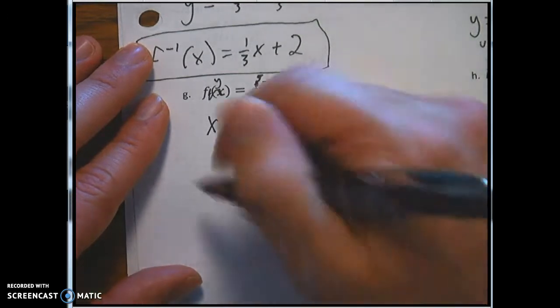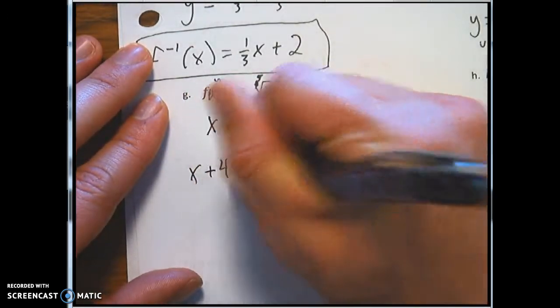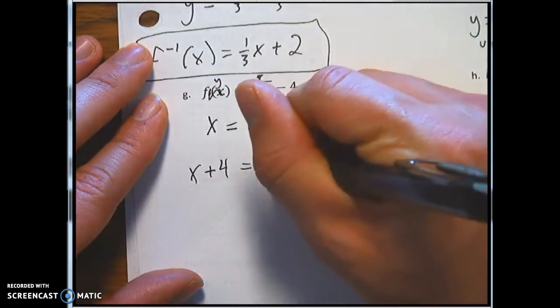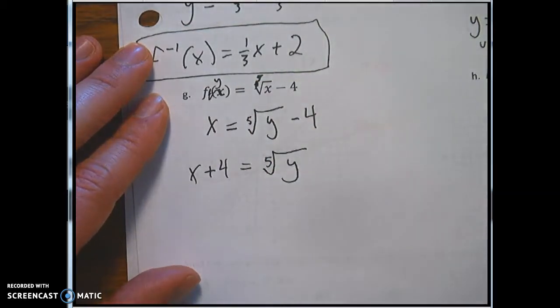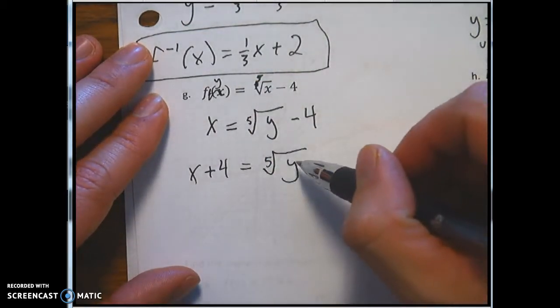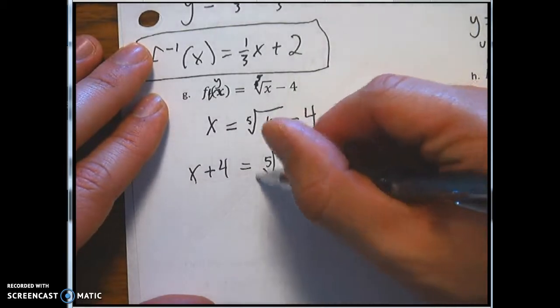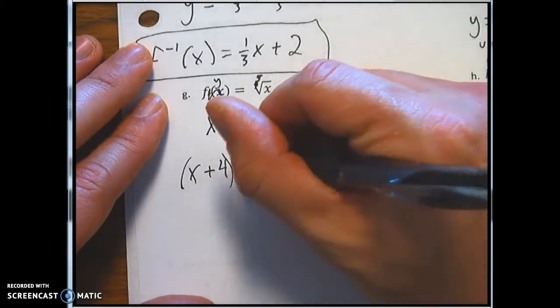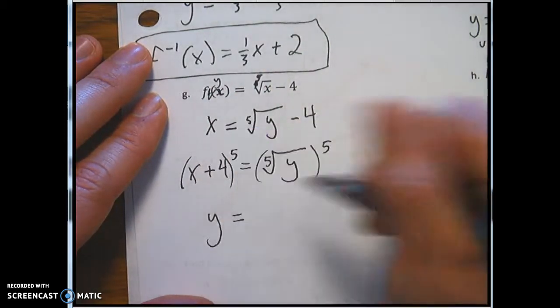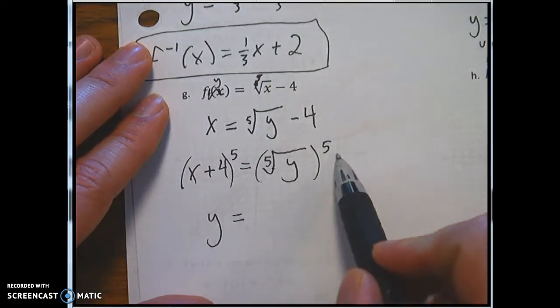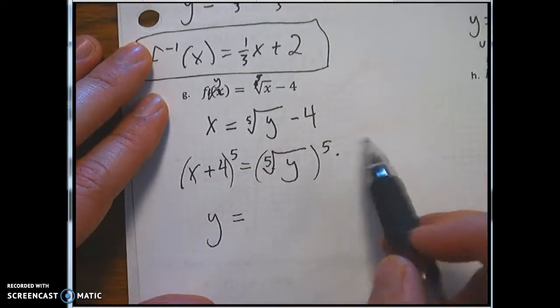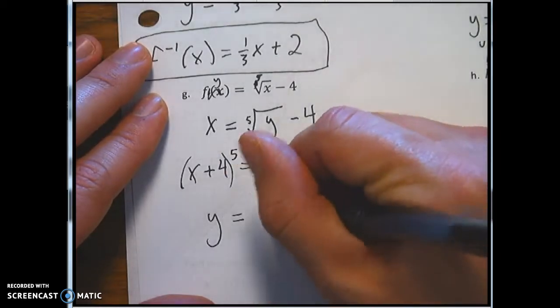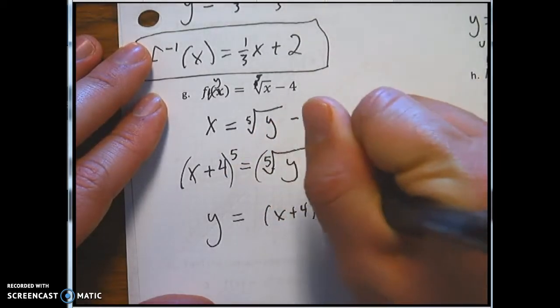Go ahead and add 4 to both sides to get x plus 4 equals the 5th root of y. How do you undo 5th root? Well, you go ahead and raise everything to the 5th power. So I'm going to have y equals, because the 5th root and the 5th power cancel each other out, y equals x plus 4 to the 5th power.